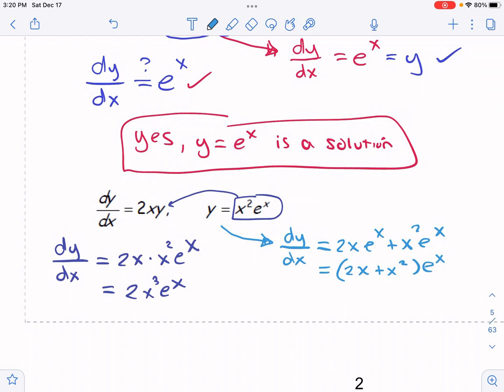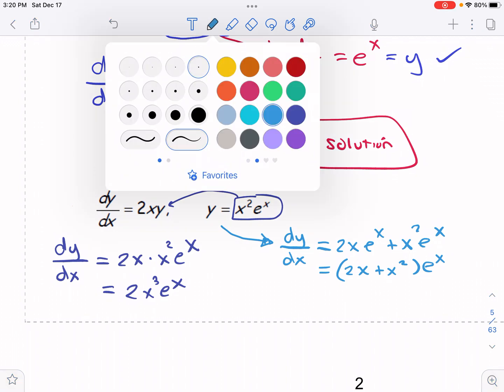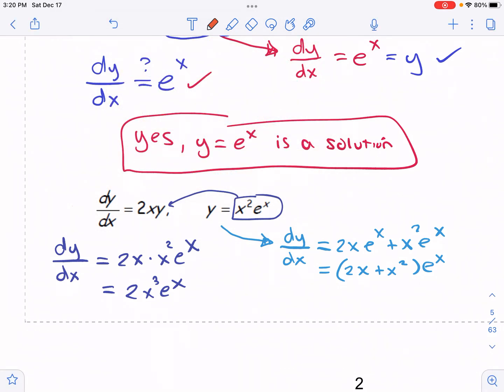Okay, now there's really no way to convert this thing in blue, this thing on the right in blue, into what's here on the left. So it's not, right? So this is clearly not the same as that coefficient there. And so the answer is no. y equals x squared e to the x is not a solution.